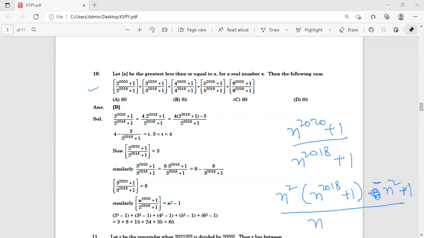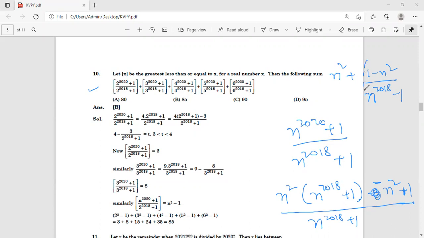Minus n square plus 1. n raised to power 2018 plus 1. So when you divide it, you will get n square plus 1 minus n square divided by n raised to power 2018 minus 1.